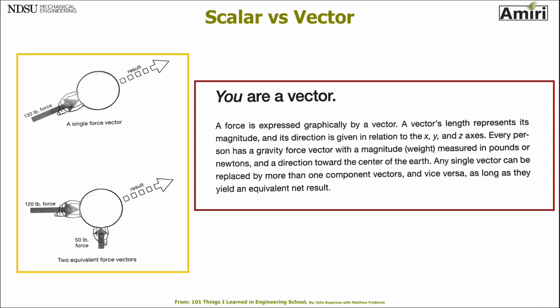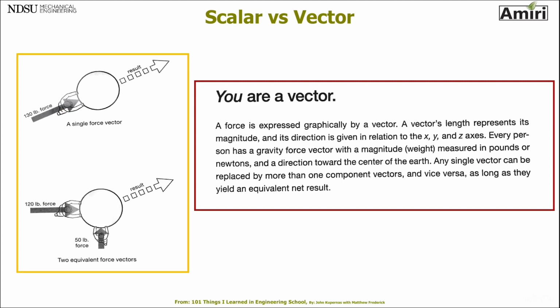So now that we learned about vector and vectors, that they have a magnitude and direction, it says here that you are a vector. What does that mean? So a force is expressed graphically by a vector. That's what we just did. A vector's length represents its magnitude, and its direction is given in relation to the x, y, and z axis, which we haven't talked about yet.